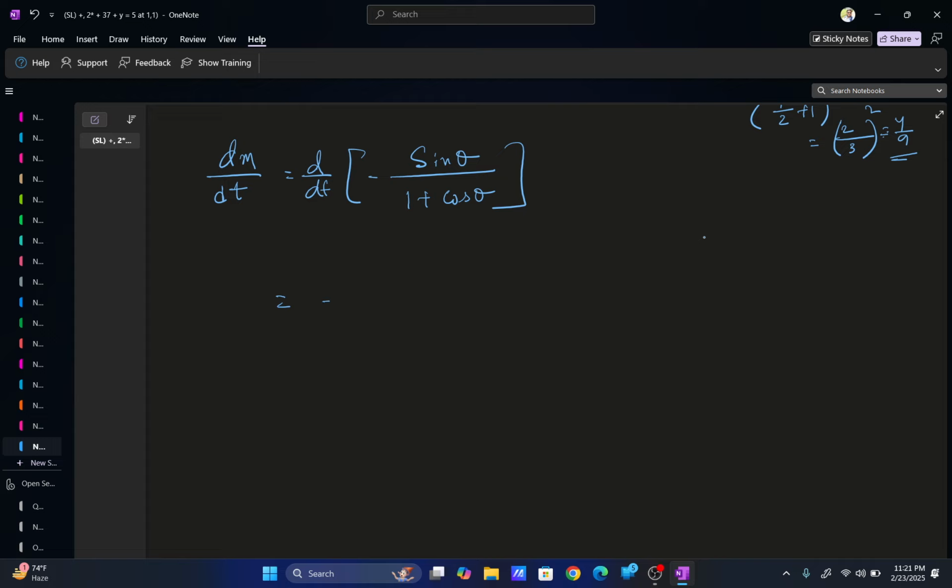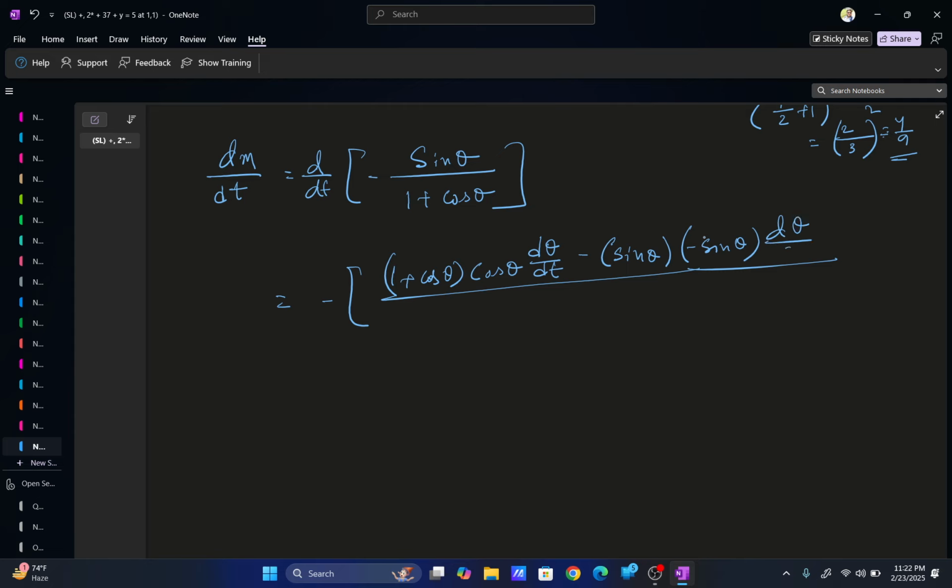So in the very next line, this is basically 1 plus cos theta d theta by dt minus sin theta d theta by dt over 1 plus cos theta whole square.